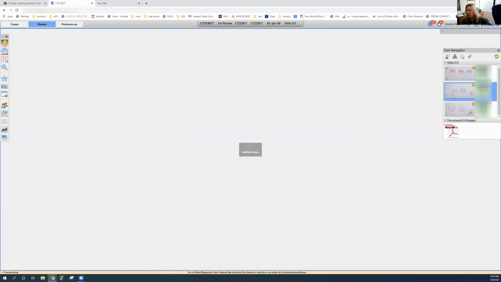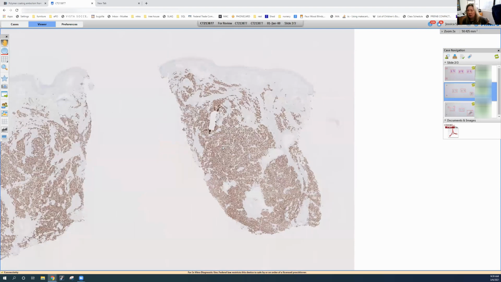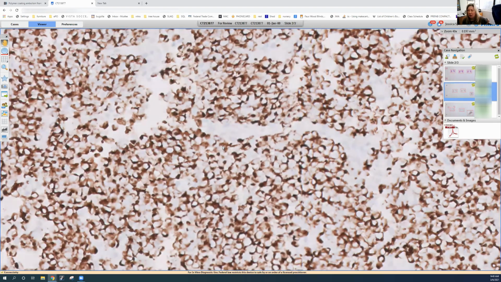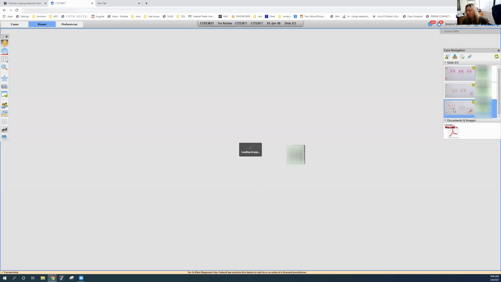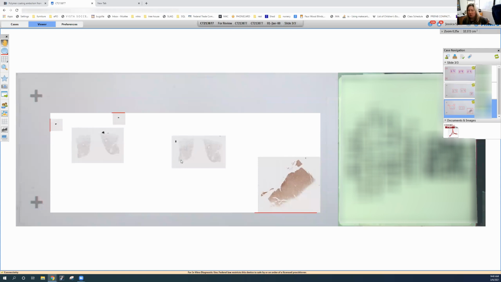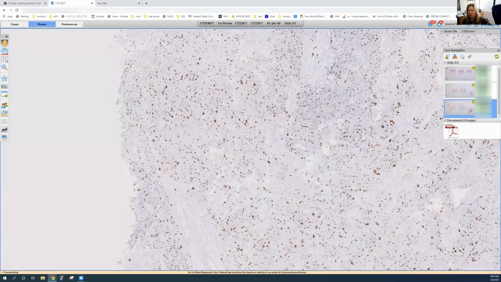And the vast majority of primary Merkel cell carcinomas are cytokeratin 20 positive. Here's a cytokeratin 20. And it typically has this dot-like paranuclear pattern. So you can see these dots next to the nuclei, which are not staining here. You want to prove that it's neuroendocrine in addition to the cytokeratin 20 when you sign these cases out. And here's the neurofilament, which is the most sensitive neuroendocrine marker.